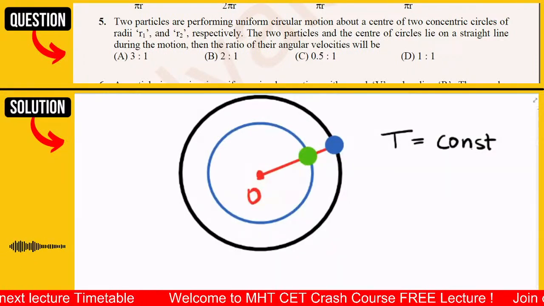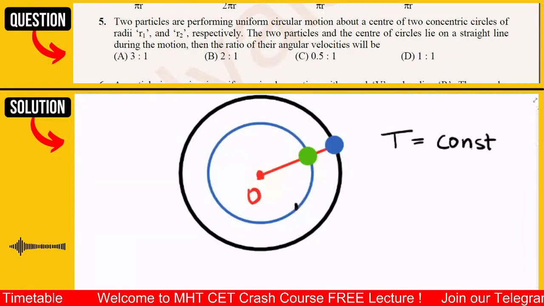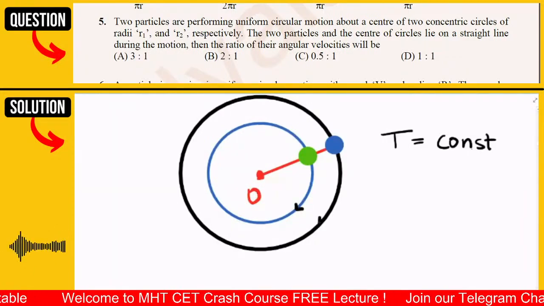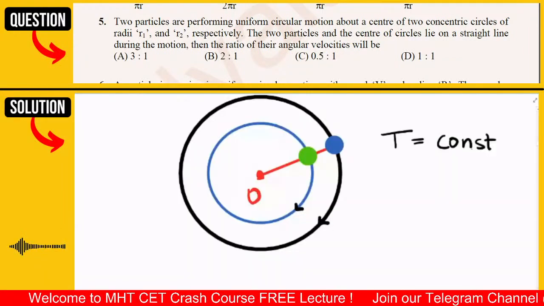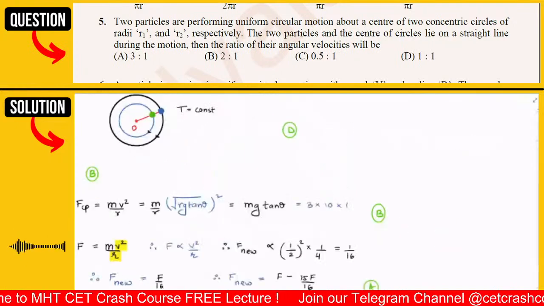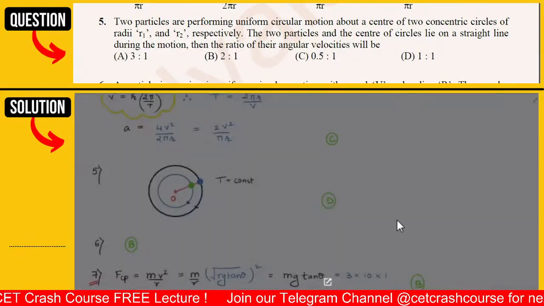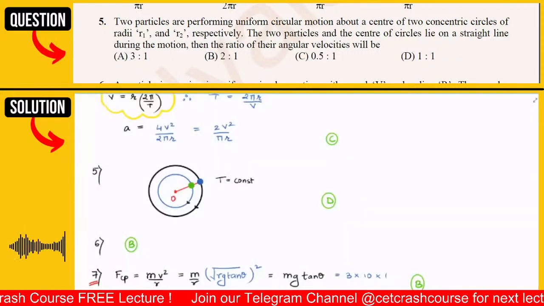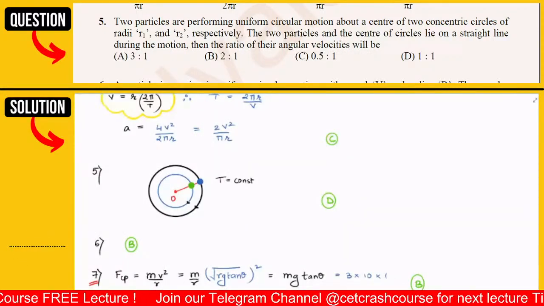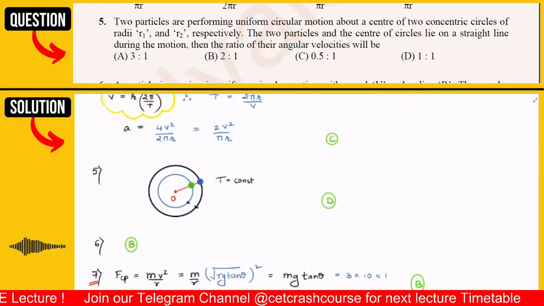It is quite obvious that if they always move along a straight line, the time period should be constant. This looks like the seconds hand of a clock.